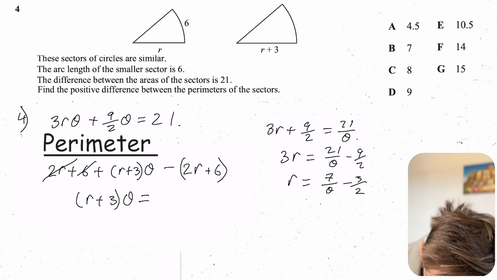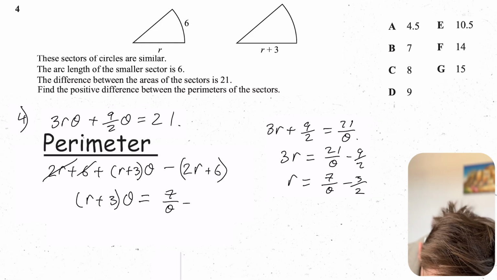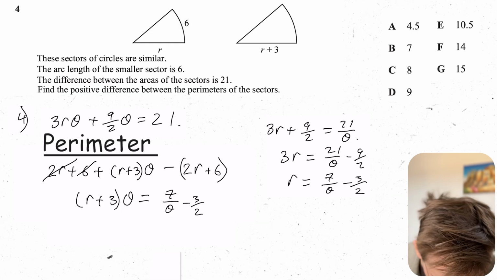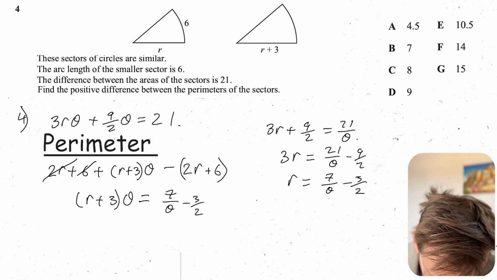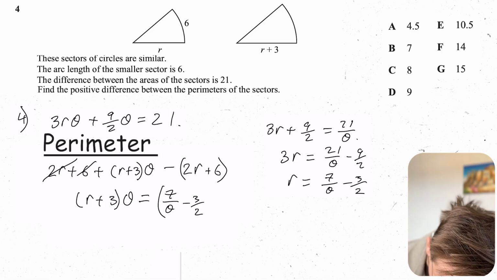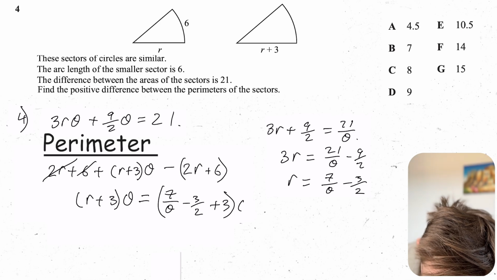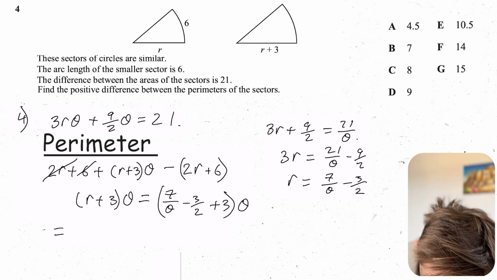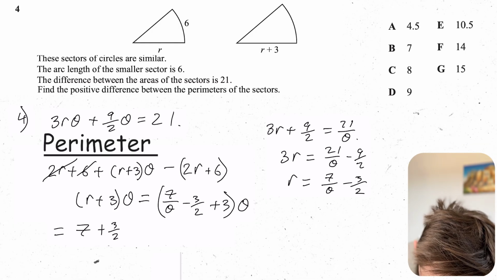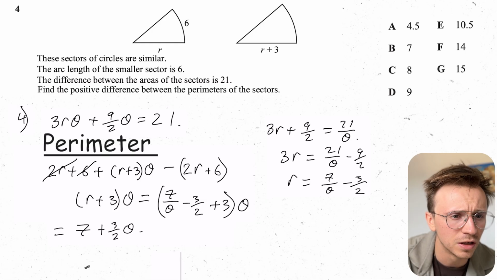So then I've got 7 over theta minus 3 over 2, minus 3 over 2, plus 3 times theta is equal to 7 plus 3 over 2 theta. Doesn't help me too much because I still don't know what theta is.